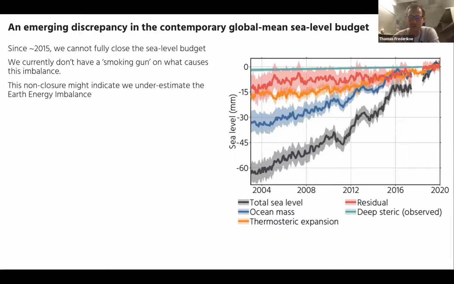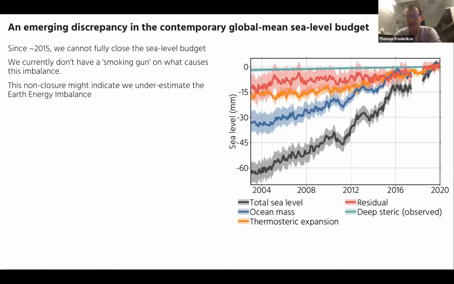But the tricky thing that might play a role here is hydrology. On interannual scales, for example during this La Niña drop, that's caused by a change in land hydrology. A lot of precipitation over South America and Australia caused this drop during La Niña, and that is more difficult to constrain.